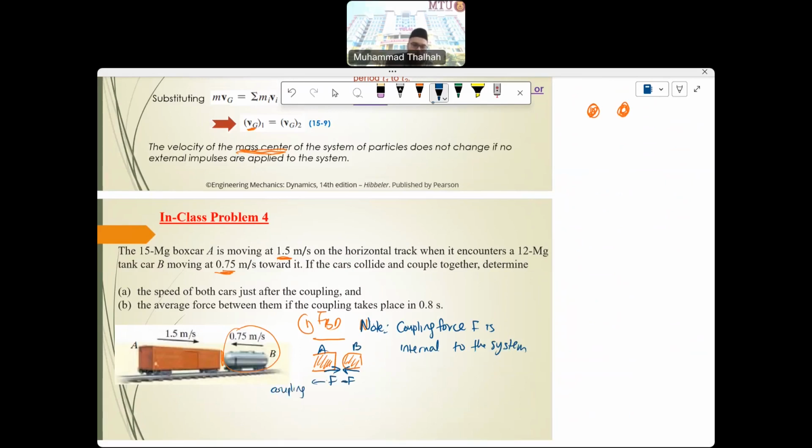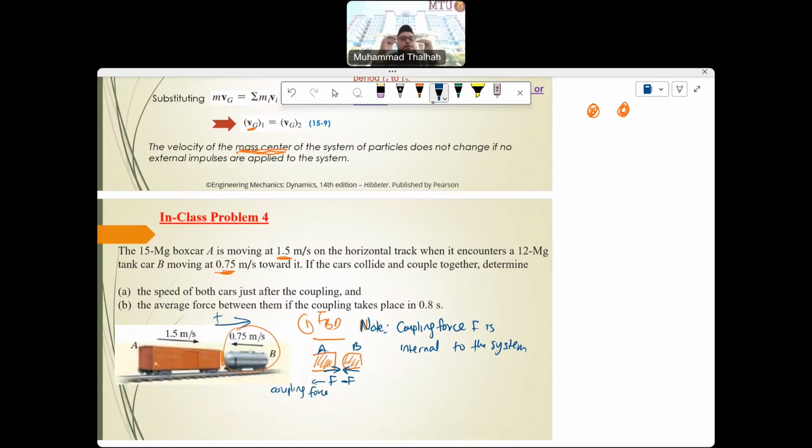It's the internal force. When B hits A, it results in a force experienced by A, and that force is negative F if we take positive this way.